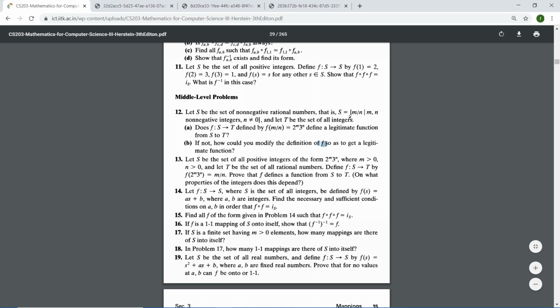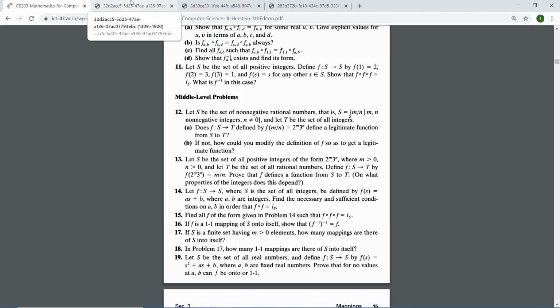And I realized that I didn't change f, I changed the set S for this to work, so I'm not sure if that would count as a correct exercise solution.